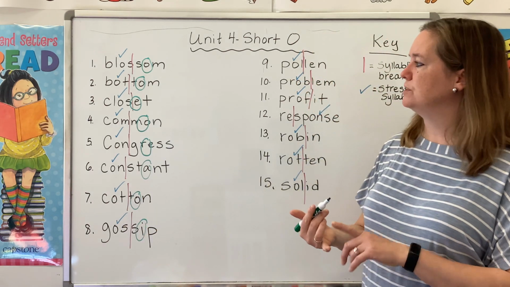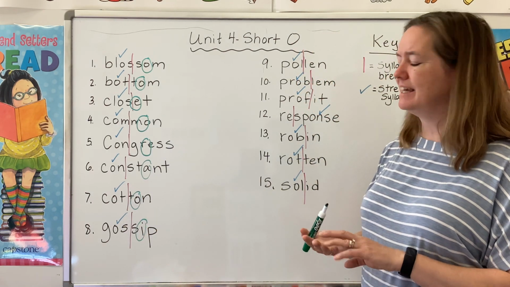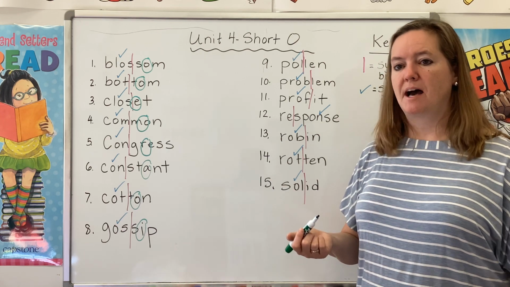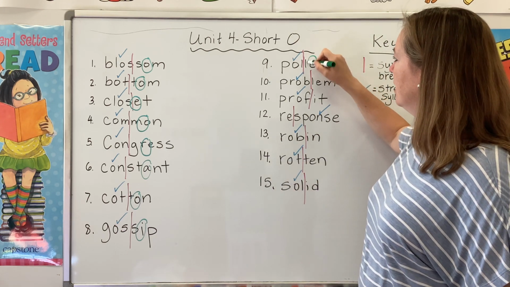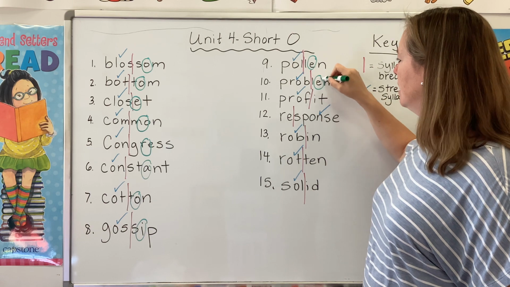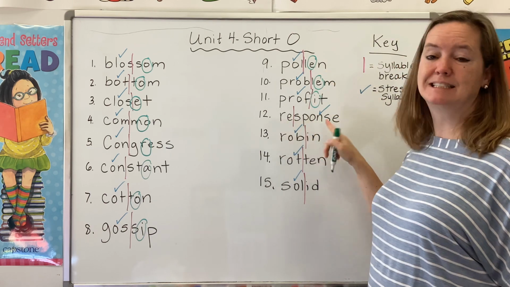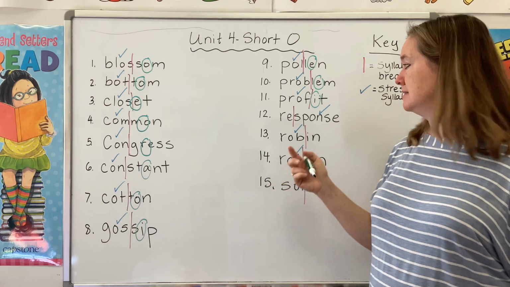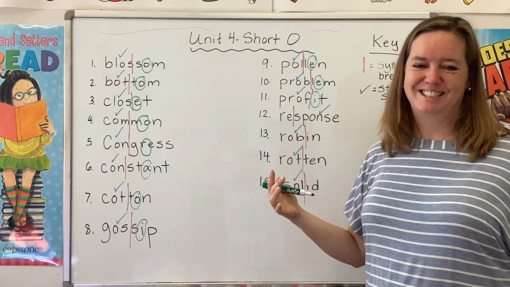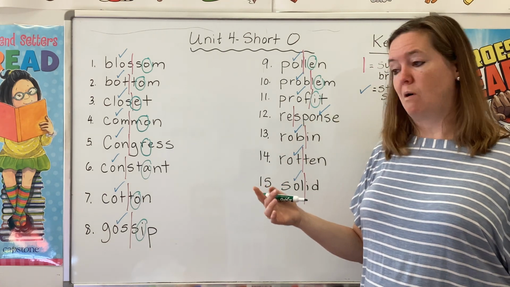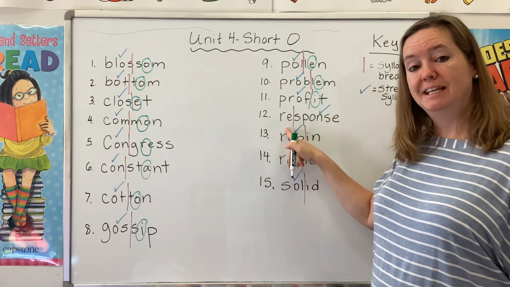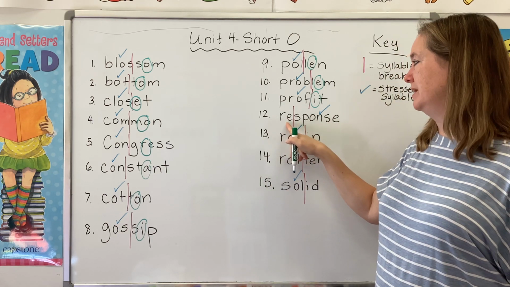So far we've used an O, an E, an A, and an I to all make that sound. Pal, prob, prof, response. Here we don't have a schwa because you can clearly hear the E in response.